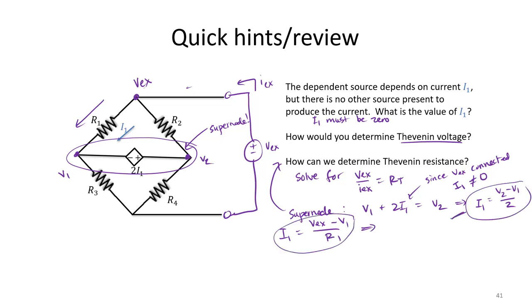So I can use these equations to relate my external voltage source VEX to the supernode voltages and to my current I1. What else can we do at the supernode? We can also apply Kirchhoff's current law at the supernode.